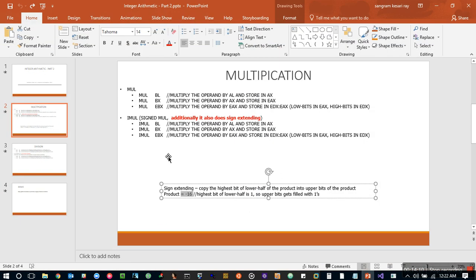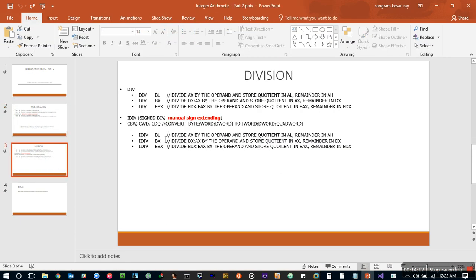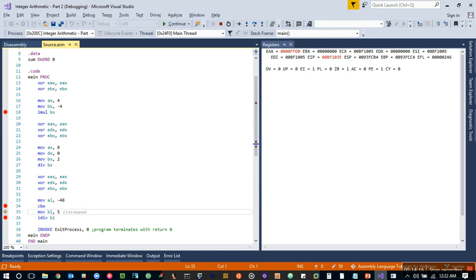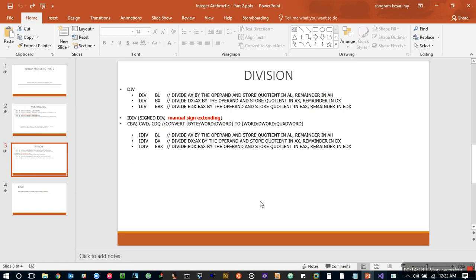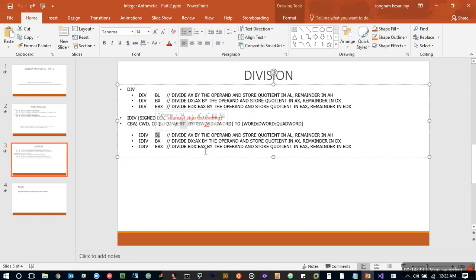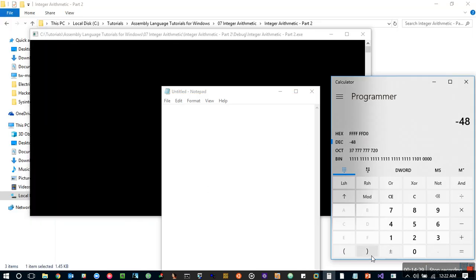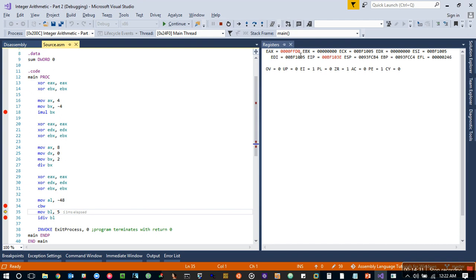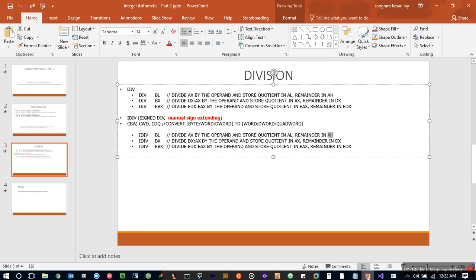Let's open the division slides for a bit. What's supposed to happen is we are dividing AL by BL. BL is the small one; the quotient would be stored in AL and the remainder would be stored in AH. So the quotient would be stored in the lower byte.